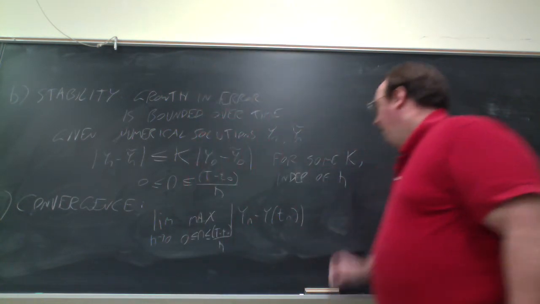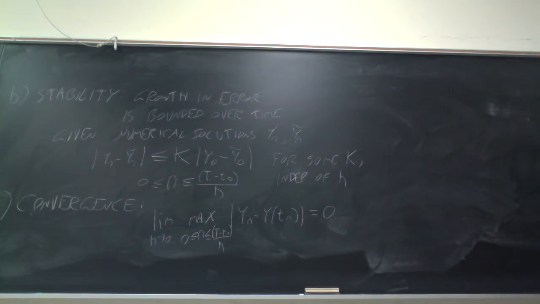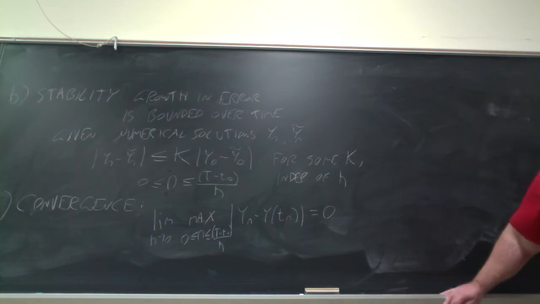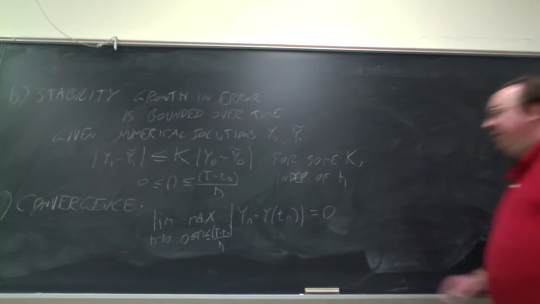Okay. Then that has to go to 0 as h goes to 0. So at least we can be sure that as our time steps get smaller and smaller, we're not going to let h be so small for efficiency's sake, but at least we have this confidence that what we're getting really is an approximation of the exact solution.